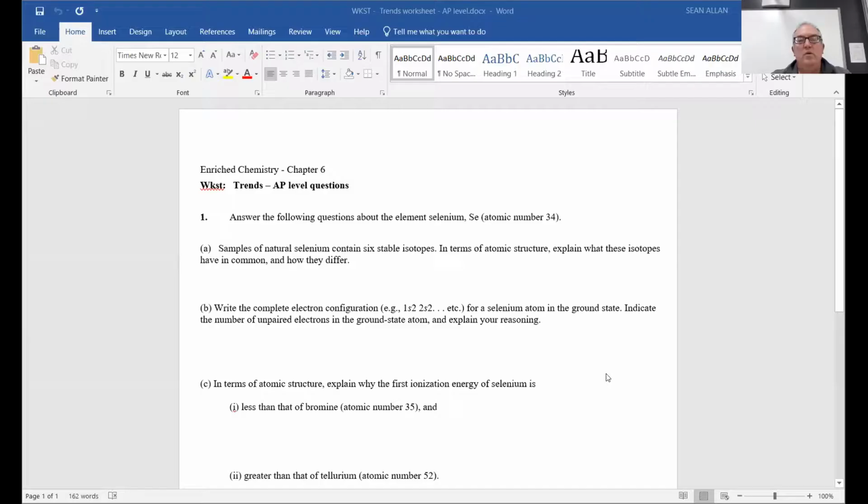You have a worksheet, and we're going to practice doing AP level questions. Now, you might take AP chemistry in the future, or you might take AP biology. Most of you, that would be your next step. AP is a college prep class where if you pass the AP test at the end of the year, you get college credits already.